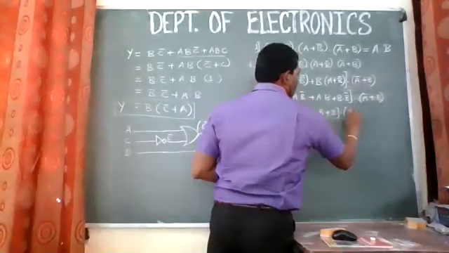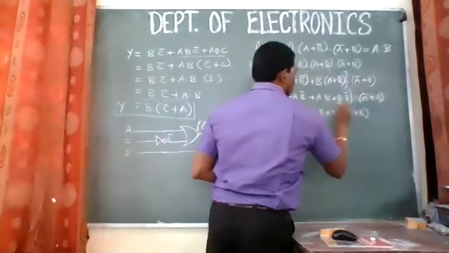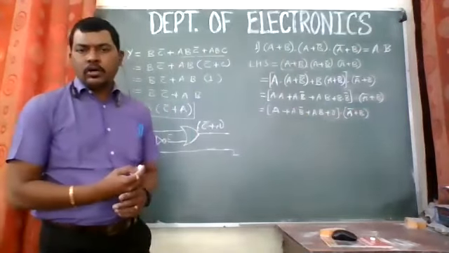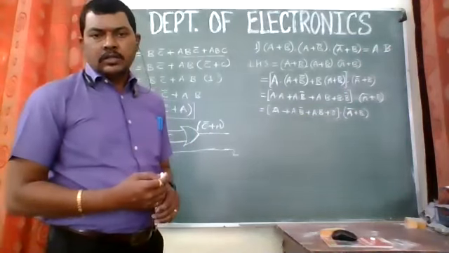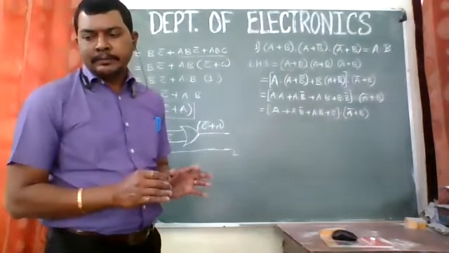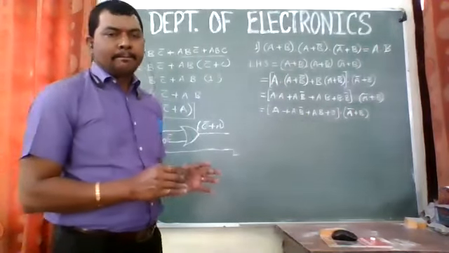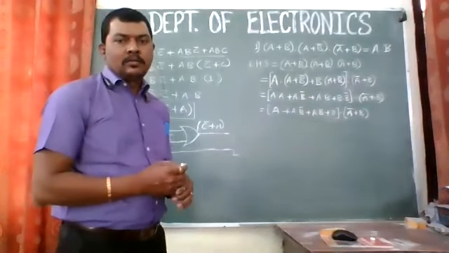So I'm putting that over there, then the other bracket (A bar plus B). Is it okay? Have you got this? How I did that? A dot A is A. Understood? Not understood?